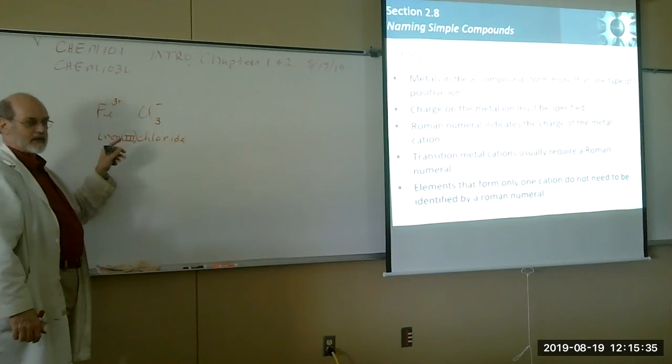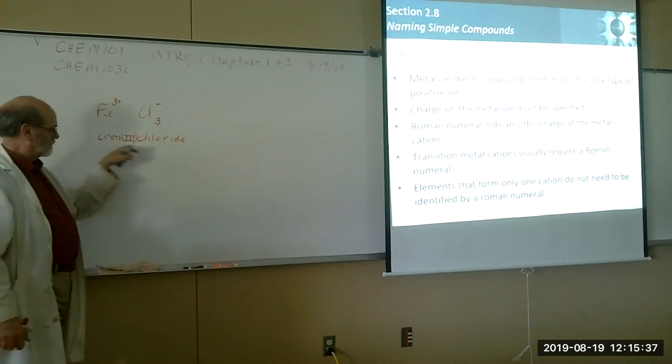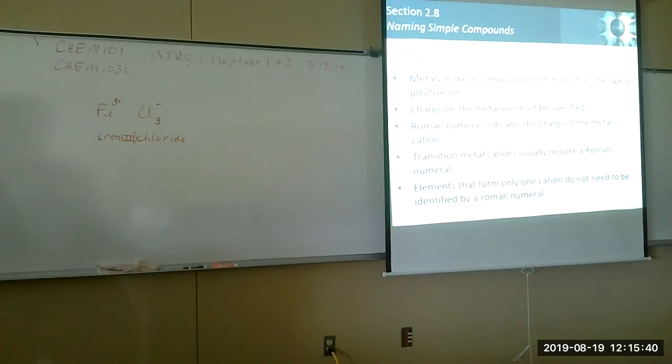Chloride's always the same. We could write the compound from that name without making a mistake. Okay? And just to keep things simple, if it's a transition metal, put the charge in. There are a couple of elements in here that only have one charge.